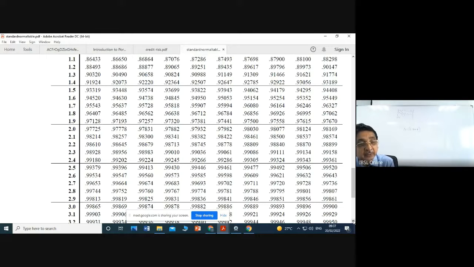It is in between 2.340 and 2.350. Since it is 348, it is more close to 2.35.